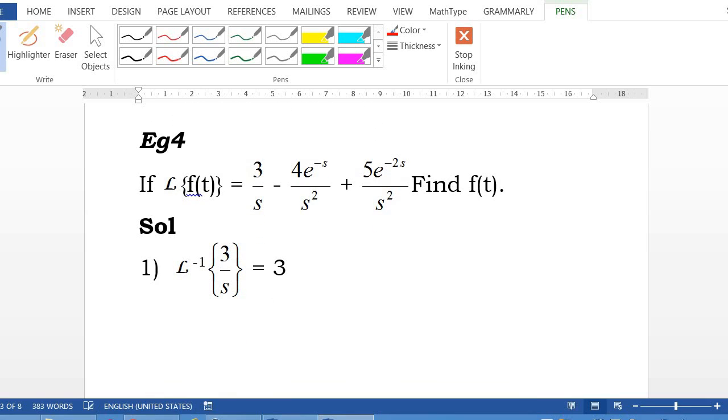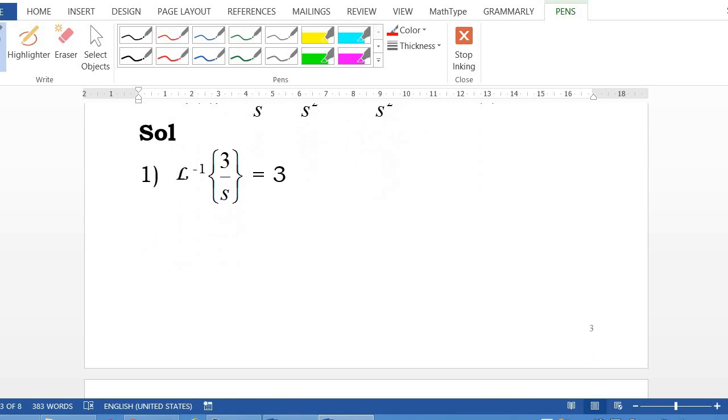Similarly, example 4, which consists of 3 terms: find the inverse Laplace for f(t). If the Laplace of our f(t) here is 3/s − 4e^(−s)/(s² + 5e^(−2s)/s²), find f(t), meaning take the inverse Laplace of F(s). The inverse Laplace for the first term, 3/s, you can easily get 3.